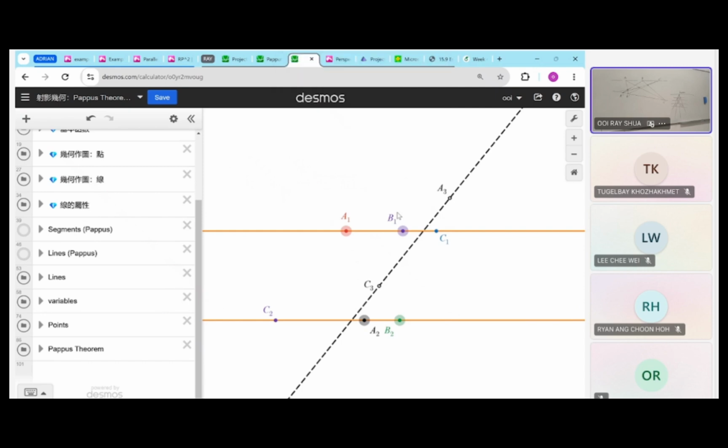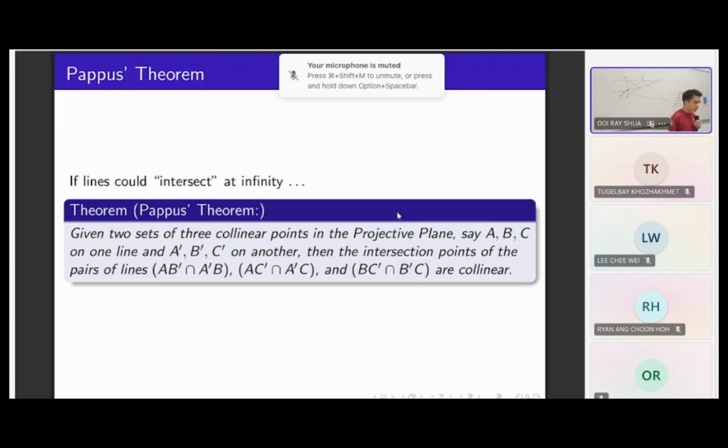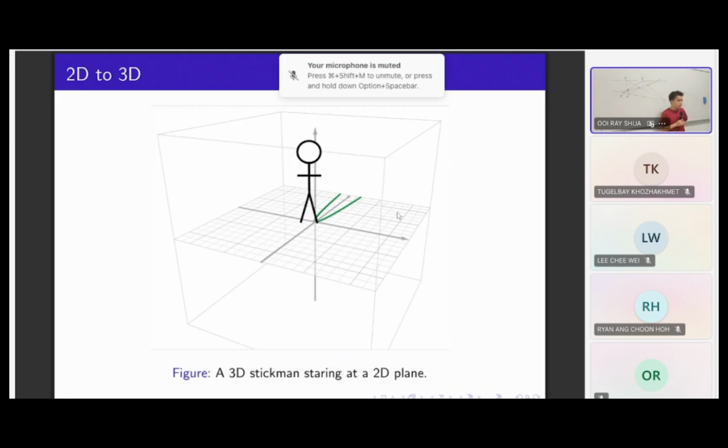A3, C3 will still lie, and then B3 will still lie on the same line. So maybe if parallel lines could actually intersect at infinity, our theorem would be correct. Maybe this would serve as a motivation to define something.